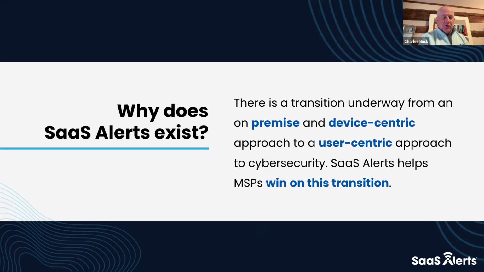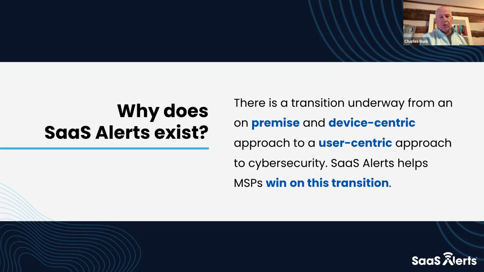There you go. So we start off all of our calls with a review of why we exist as a company. And this little tidbit is particularly close to my heart because it tells our origin story. When we built SaaS Alerts five years ago, or began building it, we did so because we realized there was a shift underway in security around the focus on devices versus the focus on user accounts.